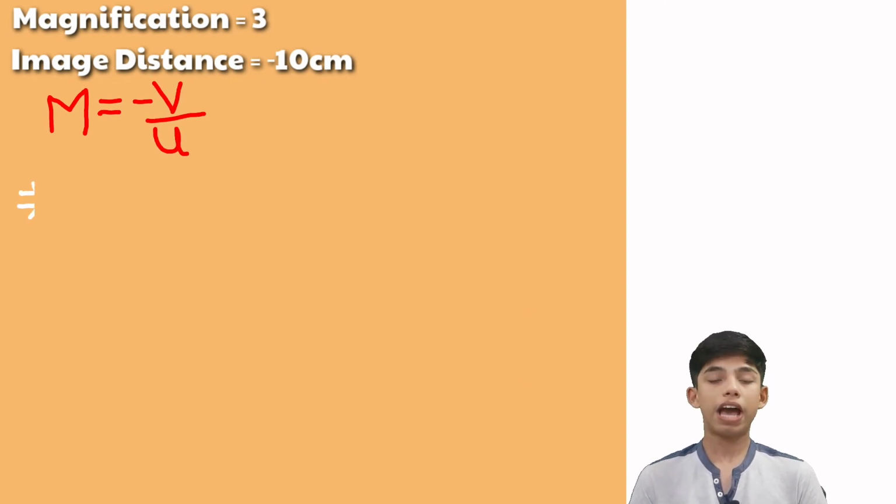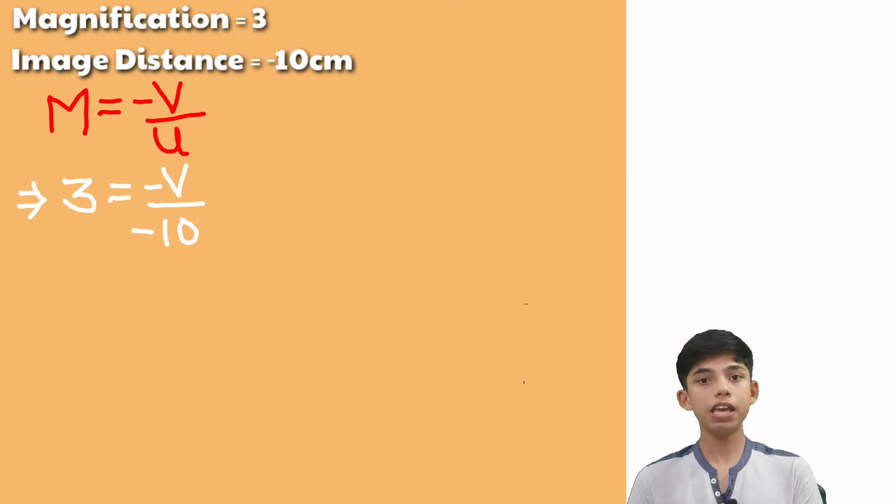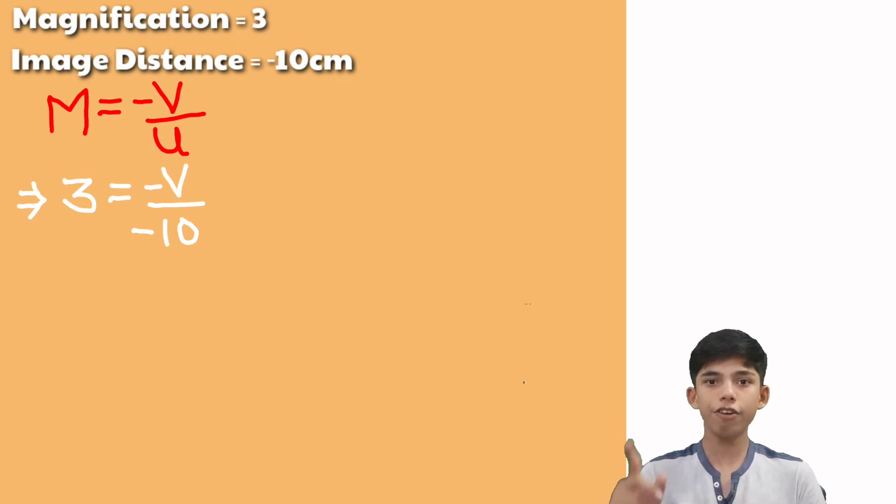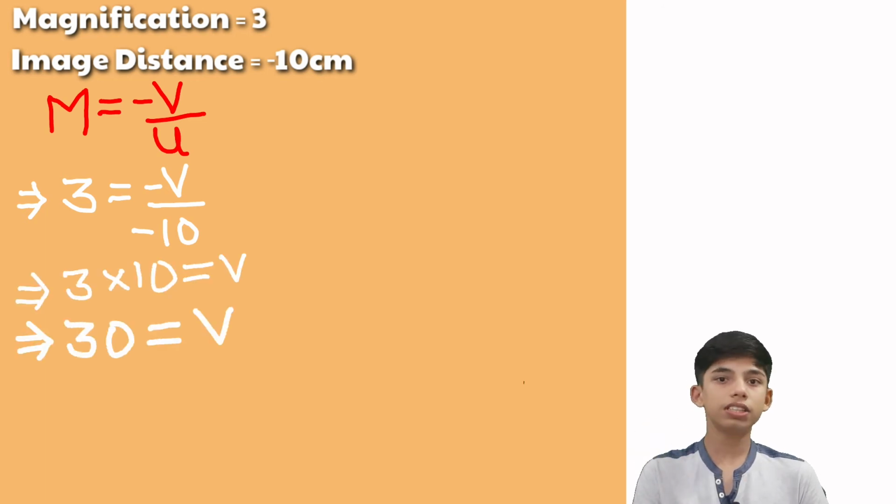Now we have 3 equals minus v by minus 10. I am taking the object distance as minus 10 because our object is on the left side and left is negative. Be careful while putting the sign, right? So we have 3 equals minus v by minus 10, and now take that 10 on the other side, and we got again the same answer, v equals 30 centimeters.